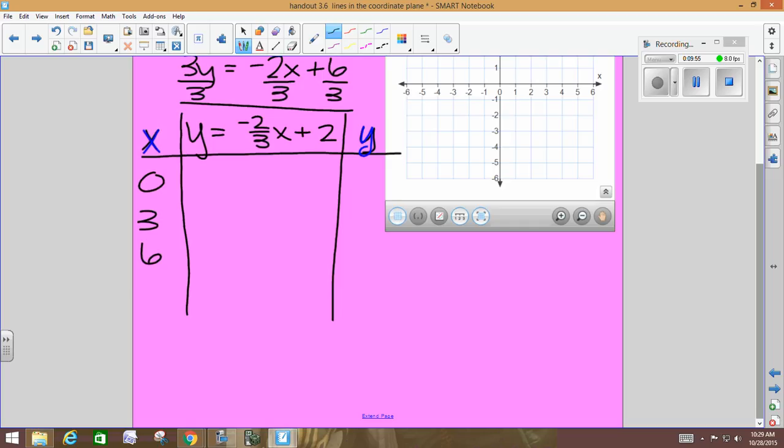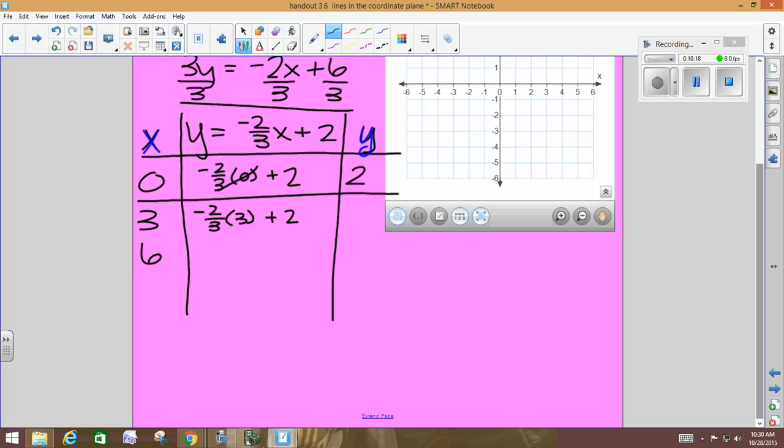Substitute 0 in. Negative 2/3 times 0 plus 2. Well, 0 times anything? 0, so I get out 2. Substitute 3 in, so then it becomes negative 2/3 times 3 plus 2.